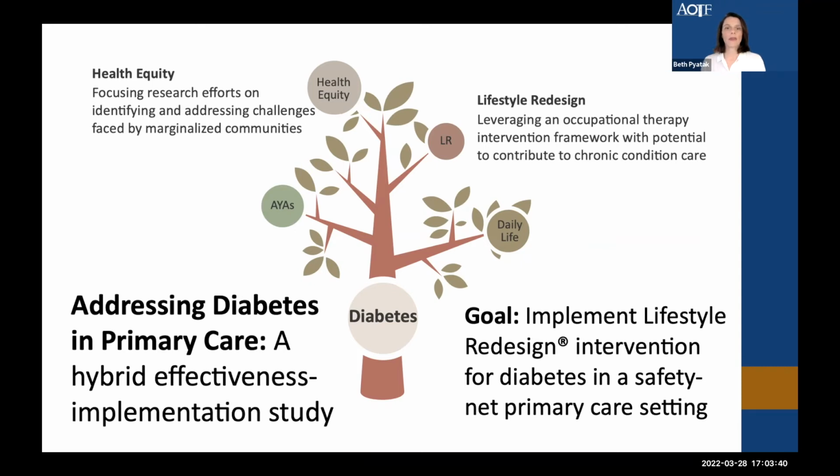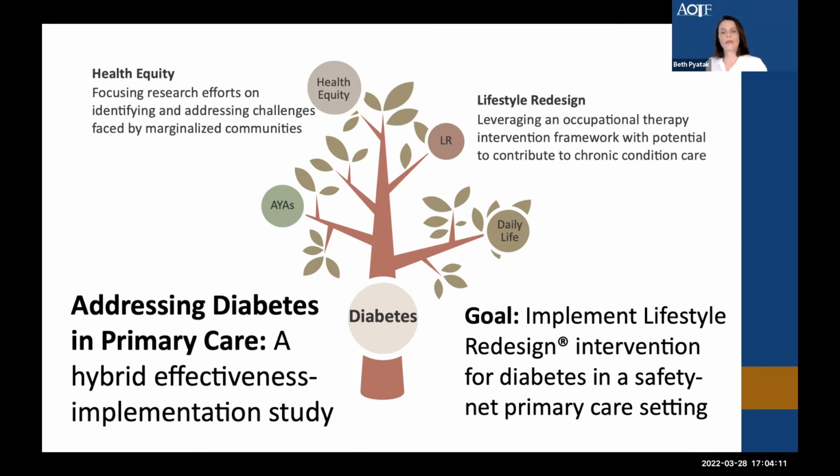And so the goal here was really to understand the effectiveness of lifestyle redesign for this different population, because we previously tested it with young adults, most of whom had type 1, and to better understand how we could integrate into a primary care setting. And the focus here, really, you can see from the branches, was health equity. So this was a population that was primarily uninsured or publicly insured, lower income, and primarily minority.